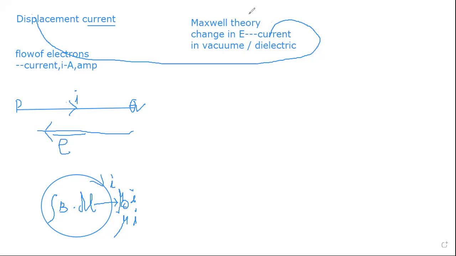To understand the displacement current, I'll give you the example of a capacitor. These capacitor plates are arranged at a distance in vacuum or in any other dielectric medium.